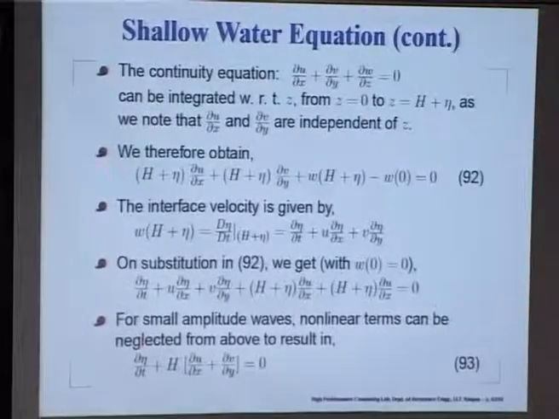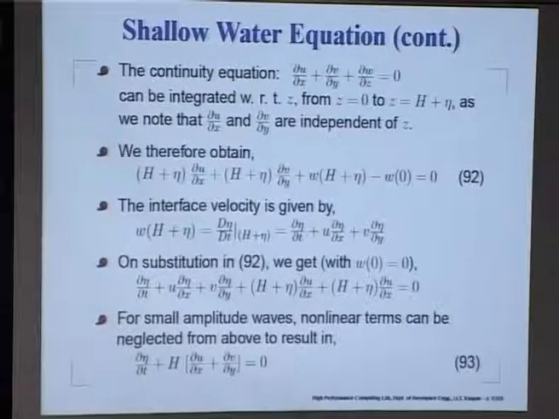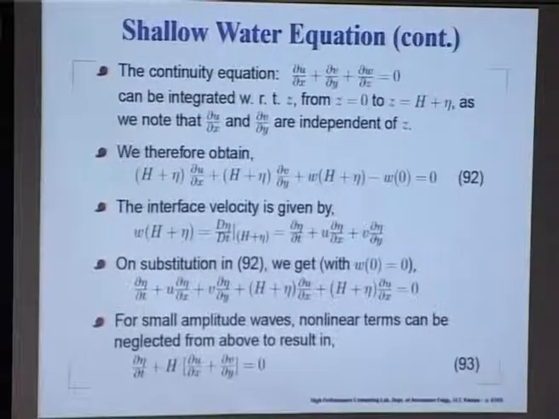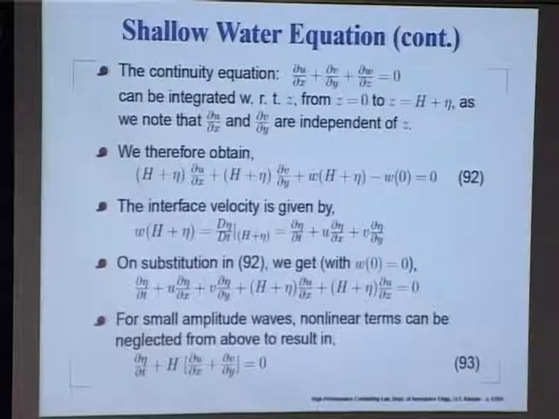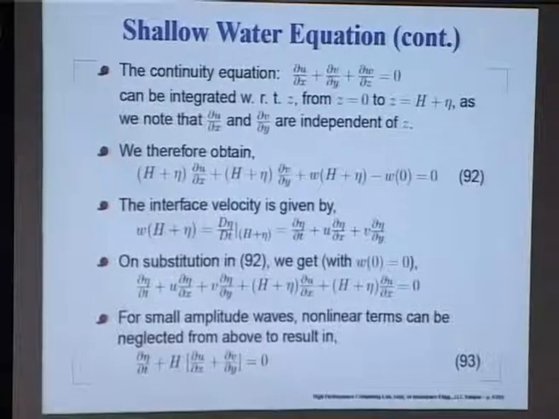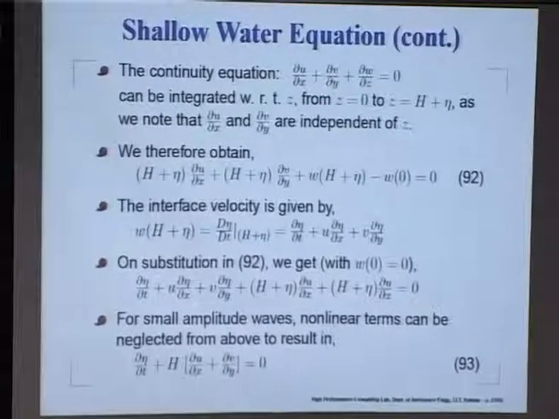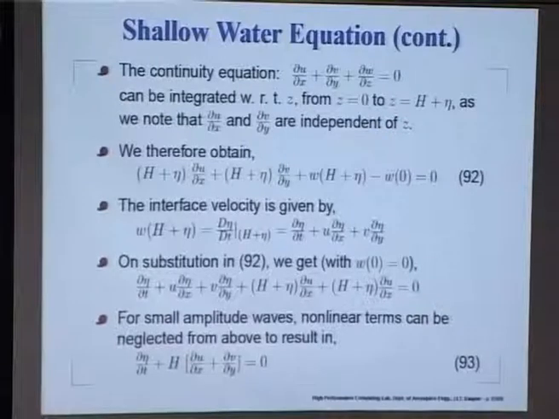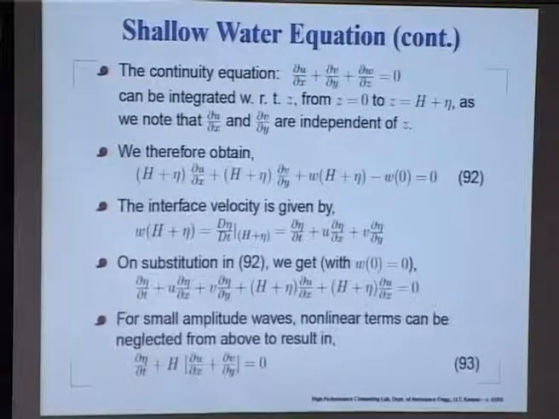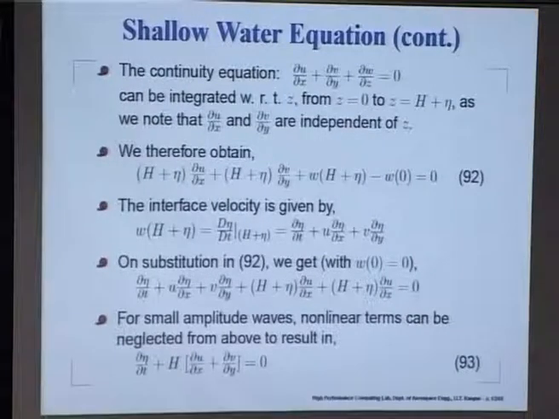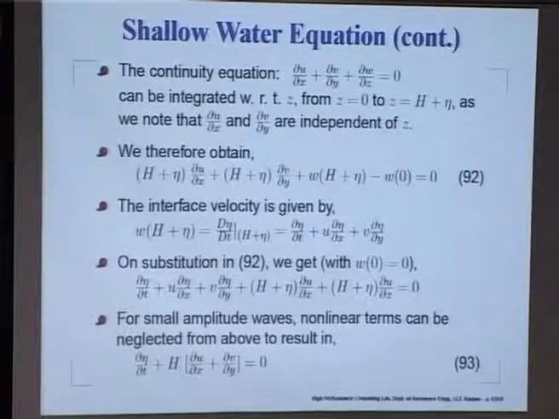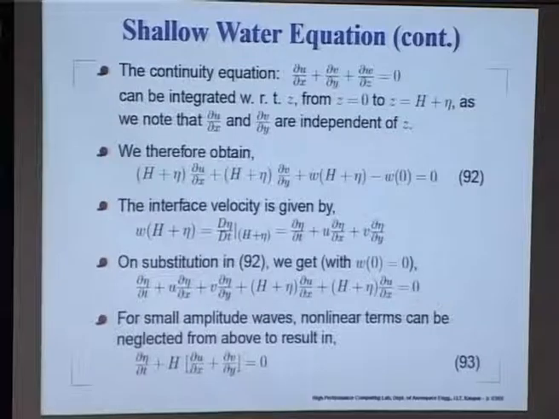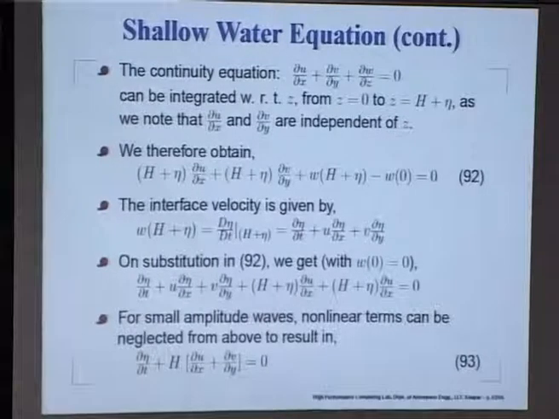Now, if we look at the continuity equation in this Cartesian frame, we can integrate this equation with respect to z, considering that del u del x and del v del y are independent of z, and then we integrate it from the bottom z equal to 0 to the deflected interface, that is going to be the mean plus the elevation, right.